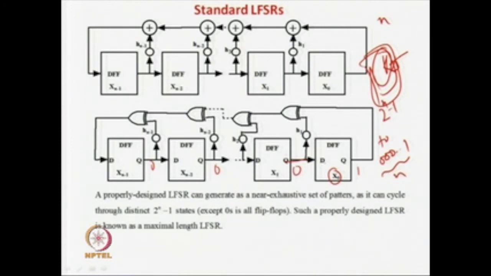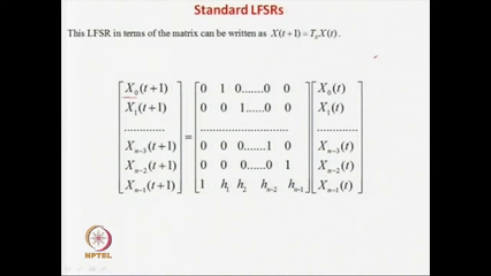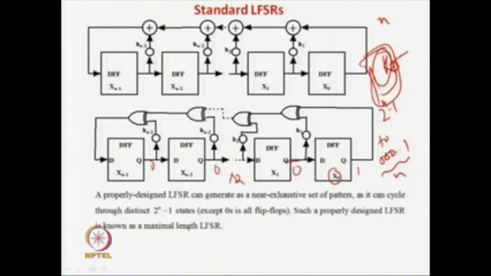Similarly, you can say x0, x1, x2, the output of x2 is controlling the input of x1 and so forth. So if I say what is x0 at t plus 1, the output of x0 at t plus 1 will be the input, that is input d.